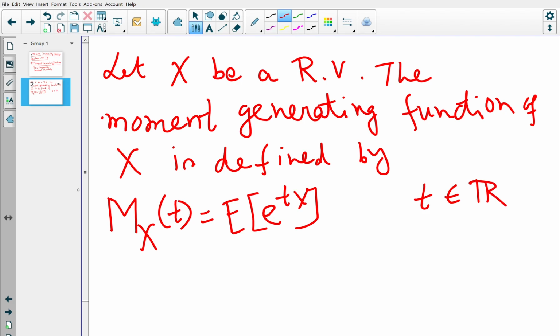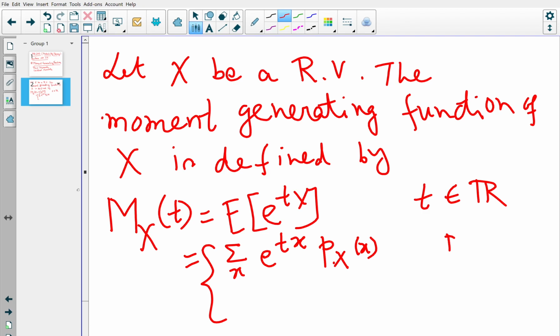Obviously, when X is a discrete random variable, this is nothing but the sum over x of e power tx times the probability mass function, where small x is the value taken by the random variable X. For the continuous case, this is the integral from minus infinity to plus infinity of e power tx times the probability density function.